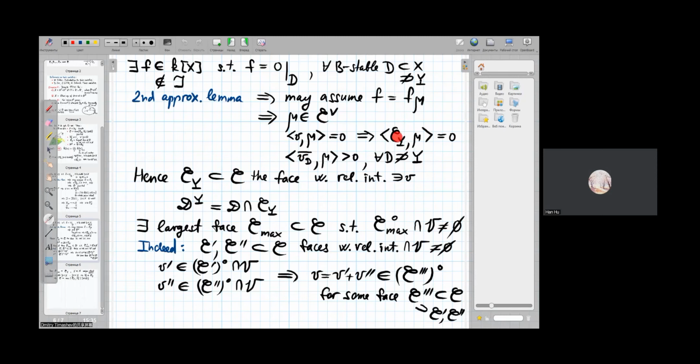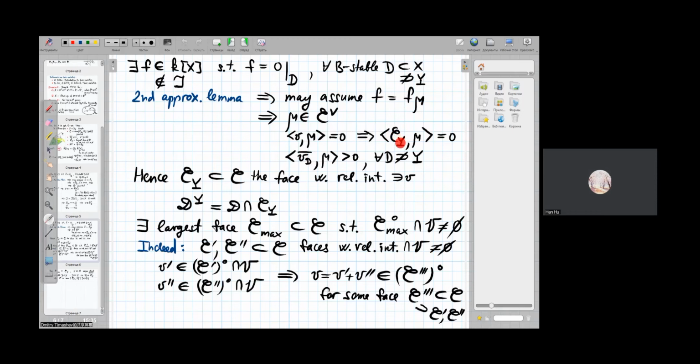So C_Y is spanned by those generators of C which correspond to the divisors containing Y. And since mu takes non-negative values on all these vectors and takes 0 value on V, it takes 0 value also on those generators which generate a cone such that V is in the relative interior of this cone.